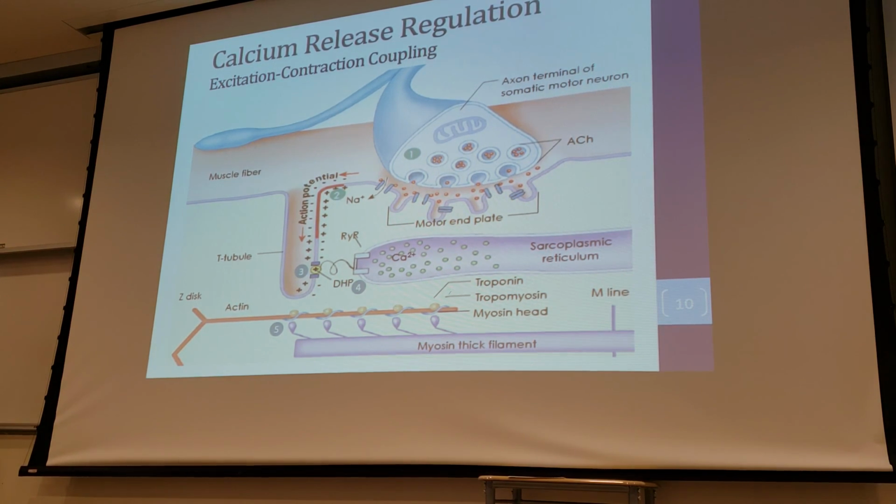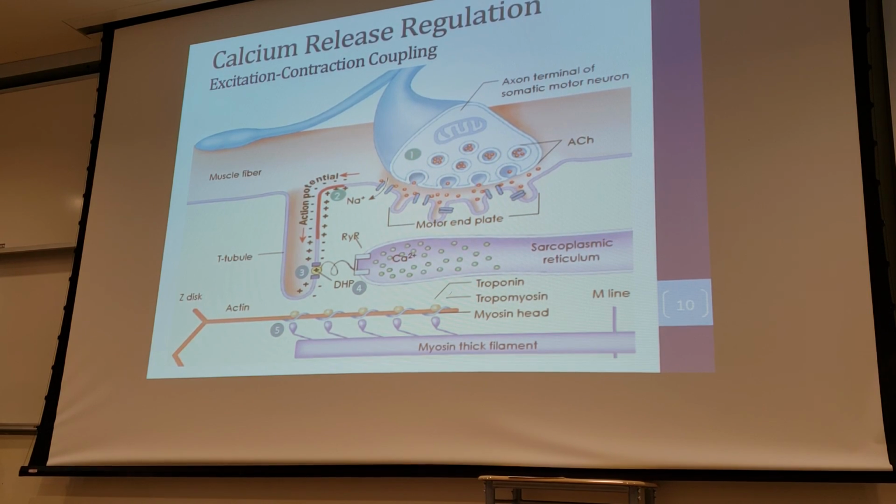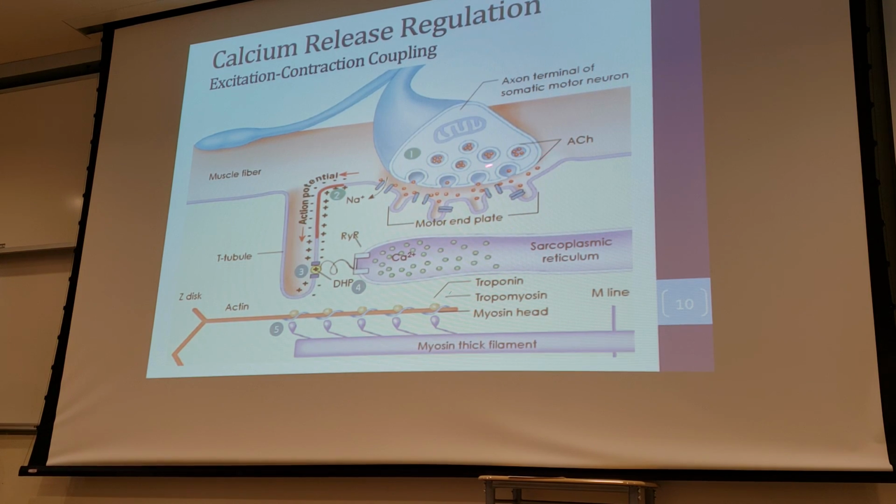So we have here the muscle membrane. And there's these deep invaginations in skeletal muscle membranes that are really useful for speeding up the rate of information transfer from the neuron to actually making muscle contraction happen. And on the membrane of this muscle cell, we have acetylcholine receptors that are sodium channels, right?